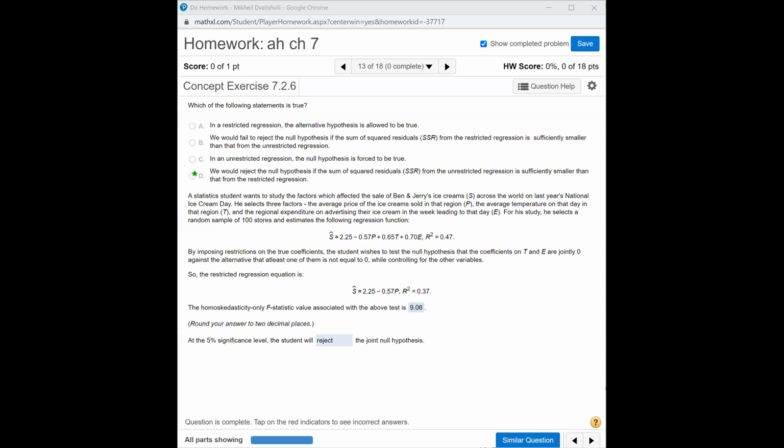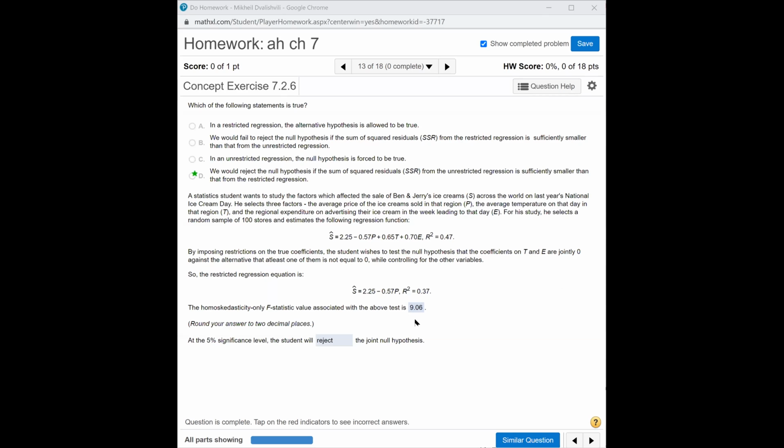You don't see the Excel, or do you see Excel too? I think I just see the problem. Okay, then I'll have to share Excel separately. Okay, that's fine.